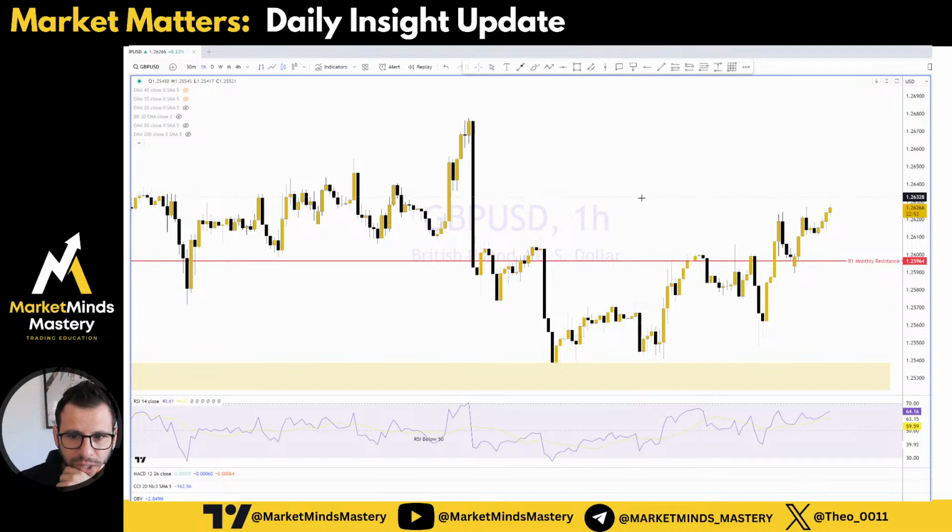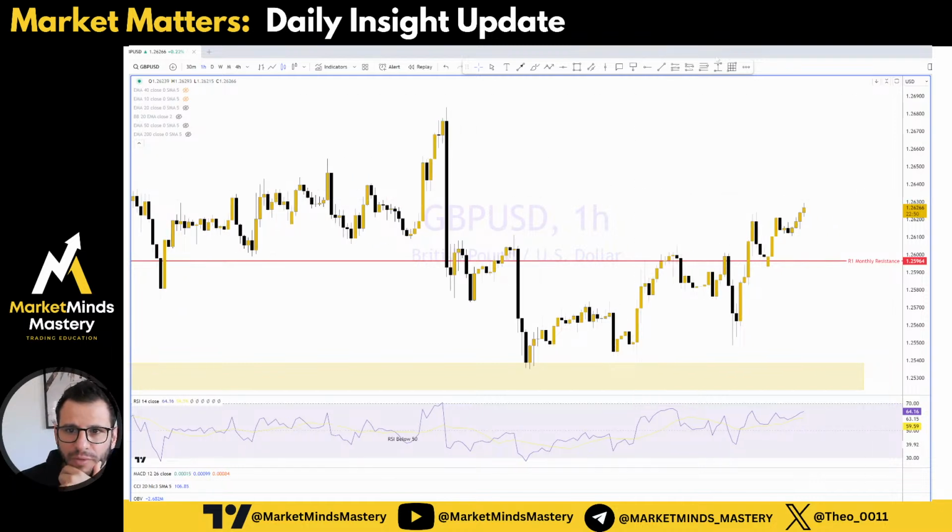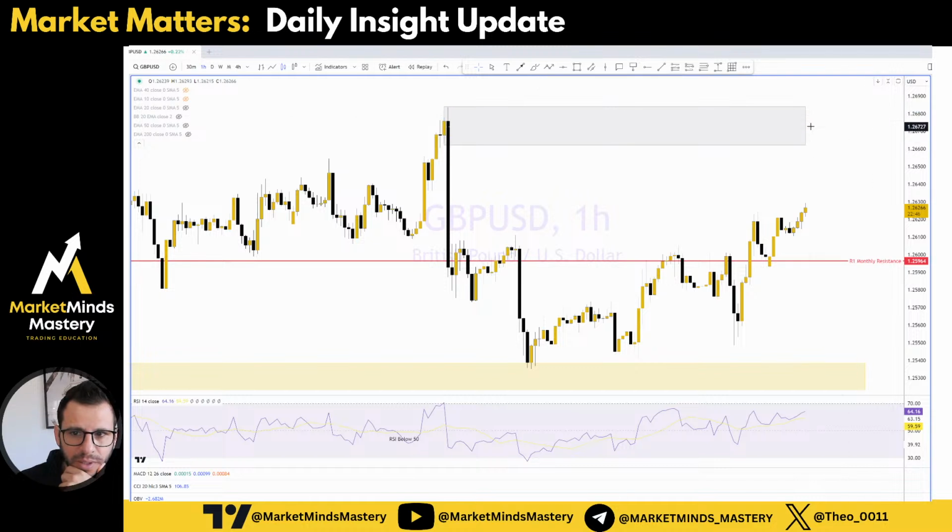If we go down to the hourly time frame, you can see that there is a bearish engulfing block sitting here. This one. Expected the price to move upwards. Yeah. Tap into this area here and see what's going to happen.